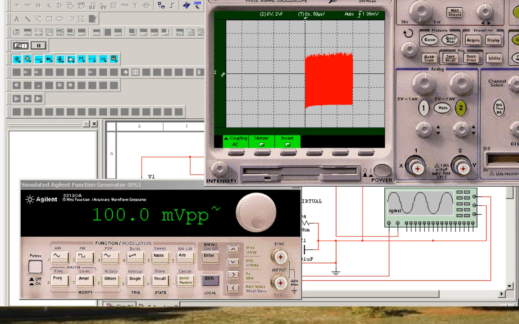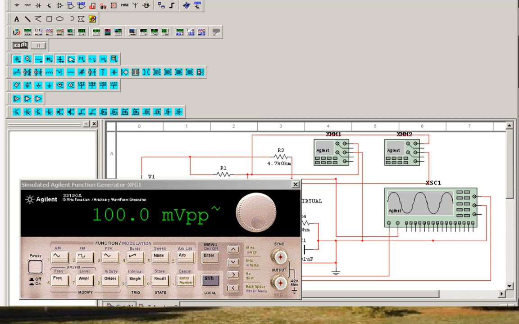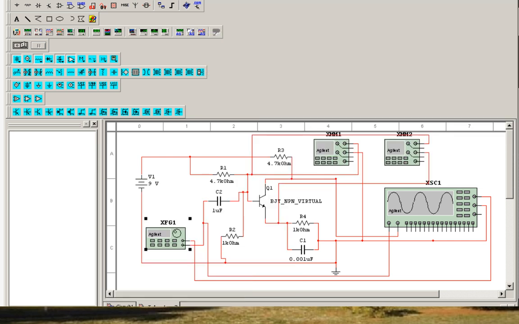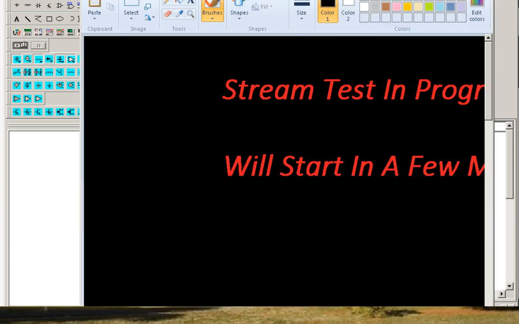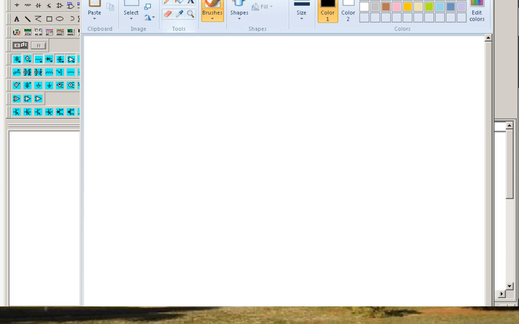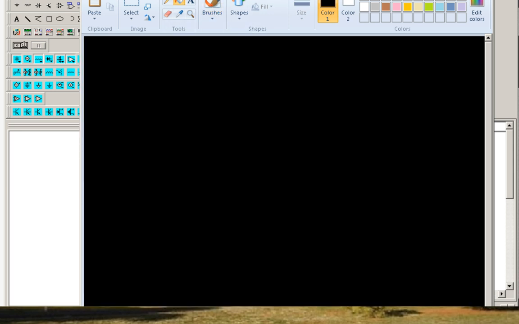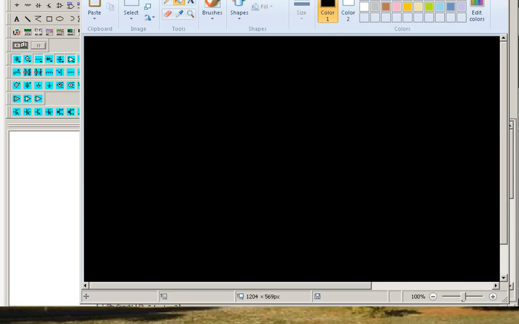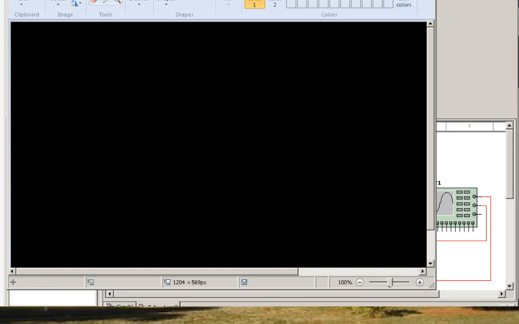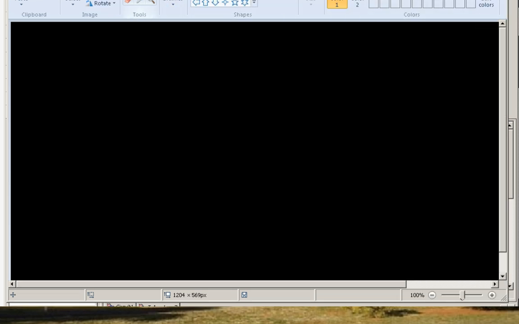So let's say if we wanted to have, let's see here, we'll use a yellow line, and we want to have a low pass filter.